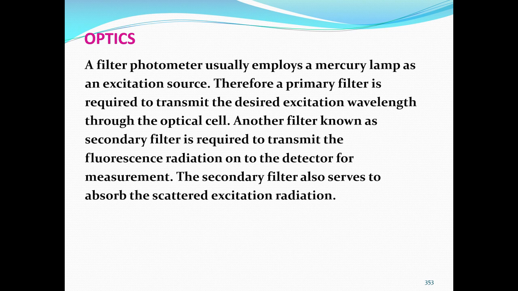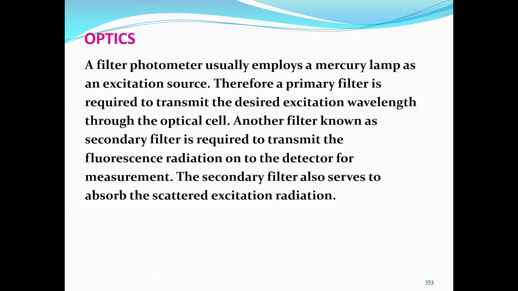If we talk about optics, a normal filter photometer usually employs a mercury lamp as an excitation source. Therefore, a primary filter like an interference filter is required, and then after the optical cell another filter, known as the secondary filter, is required to transmit the fluorescence radiation onto the detector.